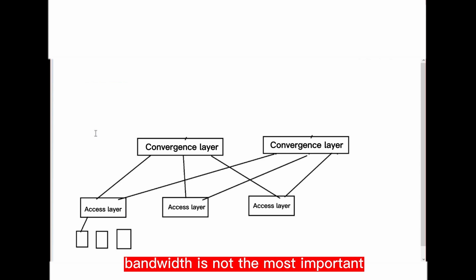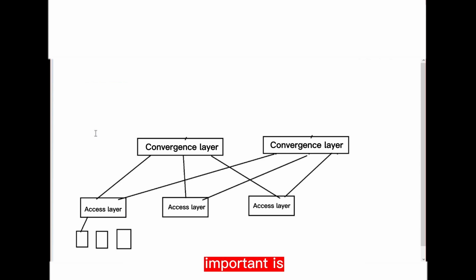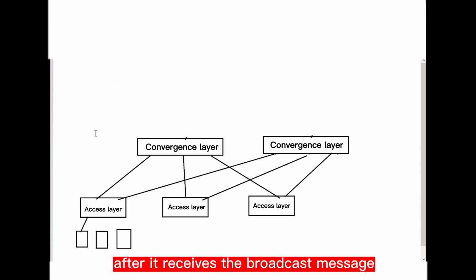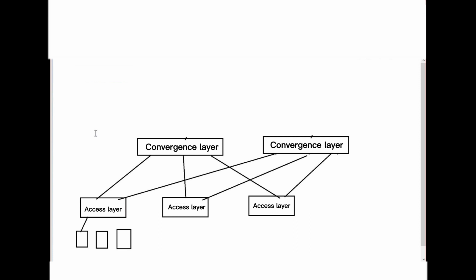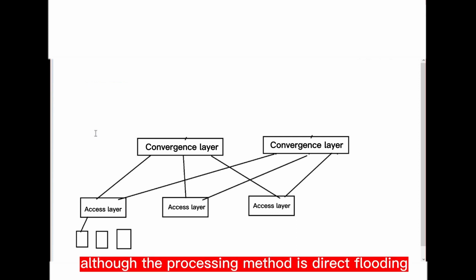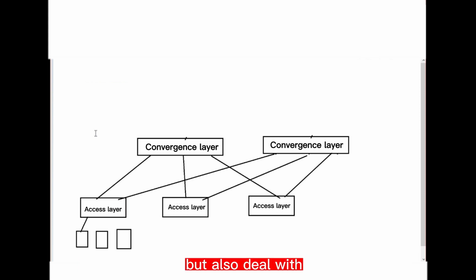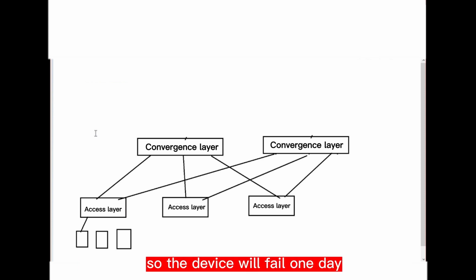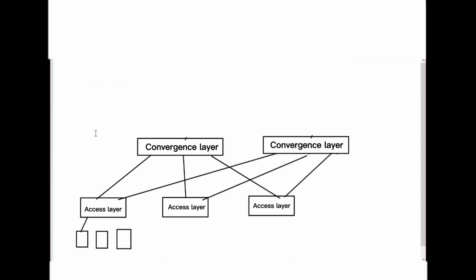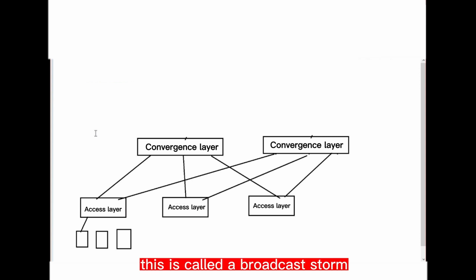Bandwidth is not the most important. What's important is that after it receives the broadcast message, it has to process it. Although the processing method is direct flooding, it still has to deal with it. So the device will fail one day. This is called a broadcast storm. This is the first problem.